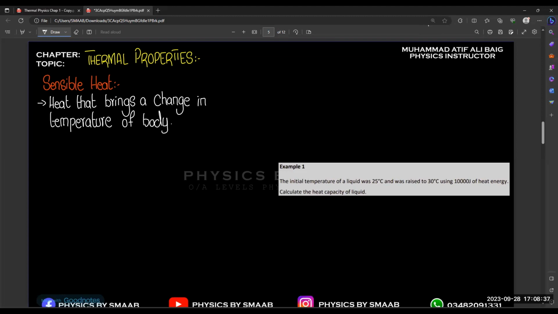And secondly, if you want to explain, you can say that it is given before or after the state change process.